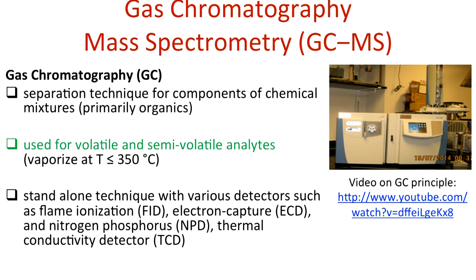So the first three are more selective, whereas there's a general detector called TCD, thermal conductivity detector, which can be used for any organic compound. So it's non-selective, but also its sensitivity is lesser compared to other detectors.